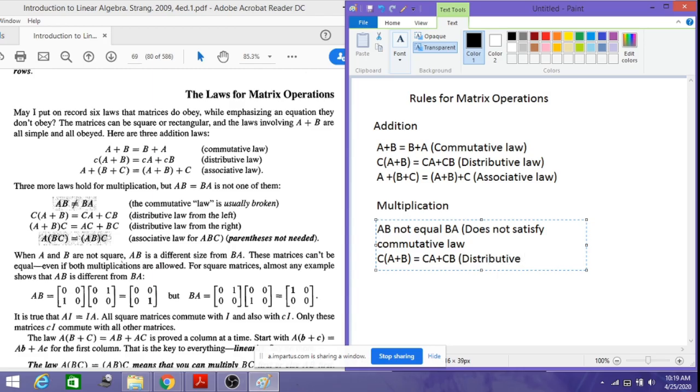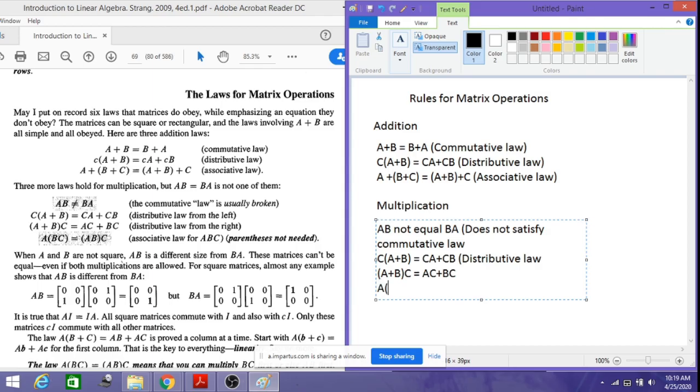Likewise, A plus B multiplied with C is the same as A into C plus B into C. So this is again the distributive law, same as above but from the right side.